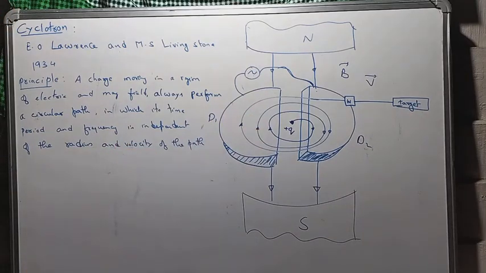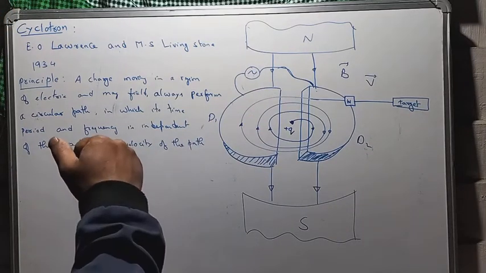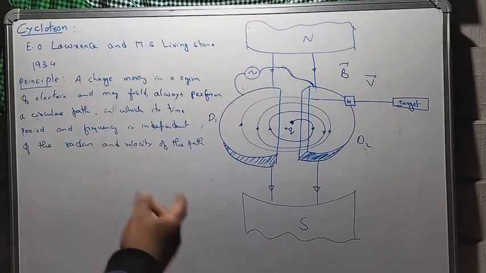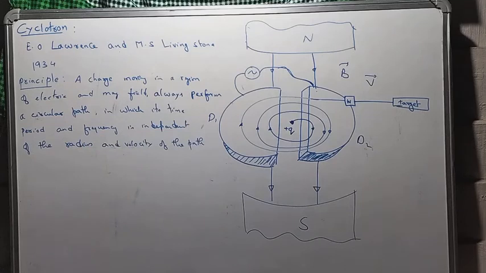In this circular path, the time period and the frequency of the moving charged particle are independent of the radius and the velocity. So this is the principle of cyclotron. Now, without wasting our time, we will discuss the construction and the working of a cyclotron.